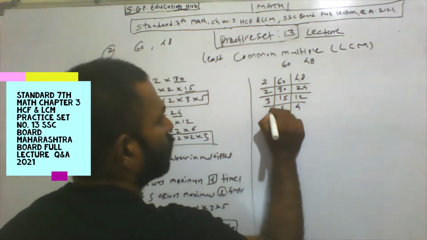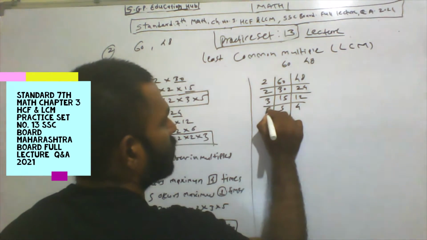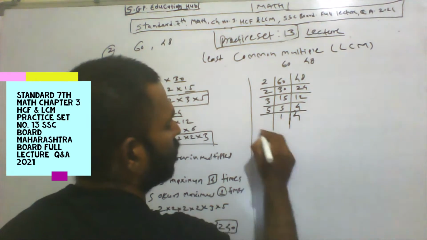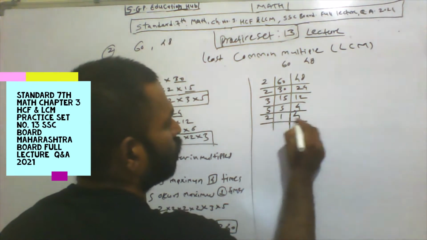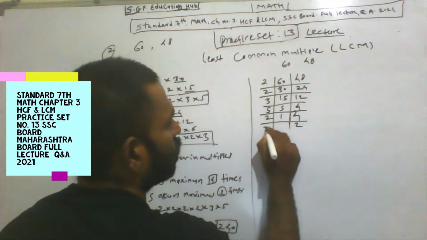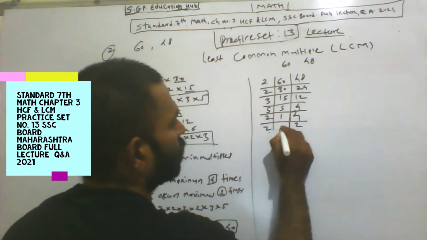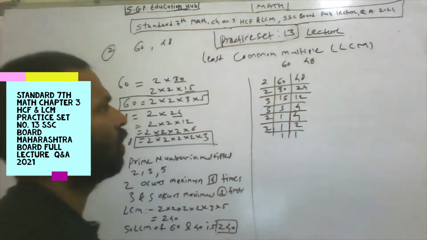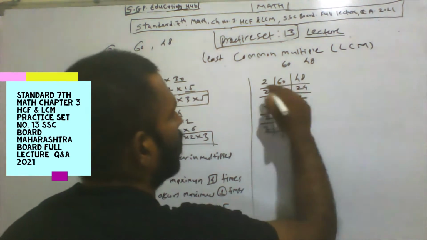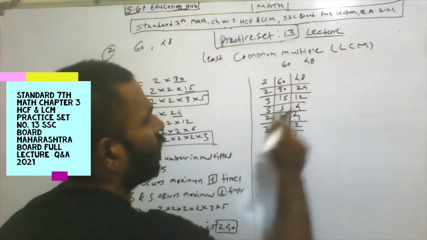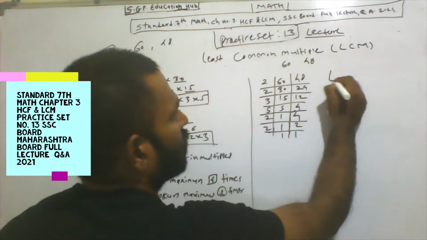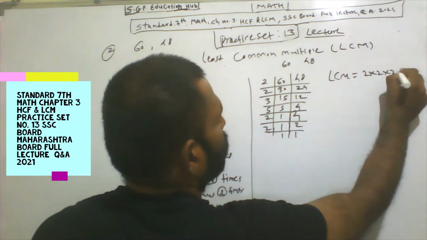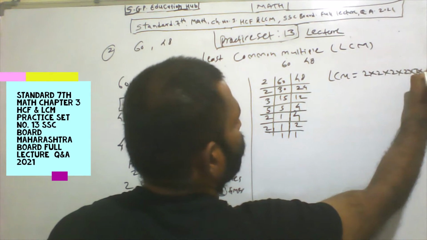So 5 ones are 5. Now 4 is there, 2 twos are 4, 2 ones are 2. So we get 2 four times, 1 2 3 4, and 3 one time and 5 one time. So LCM is equal to 2 into 2 into 2 into 2 into 3 into 5.